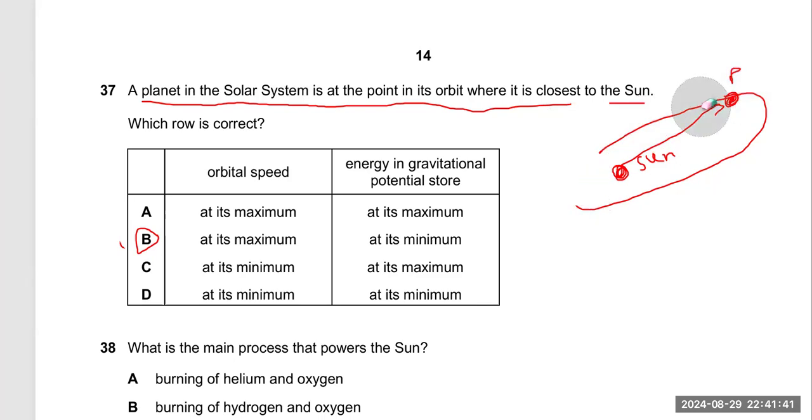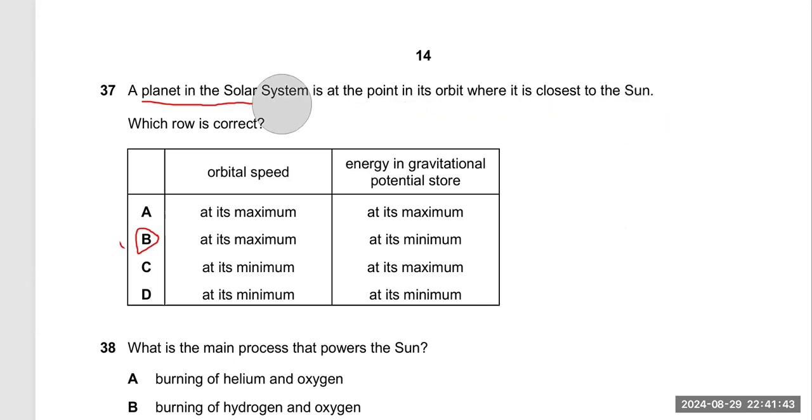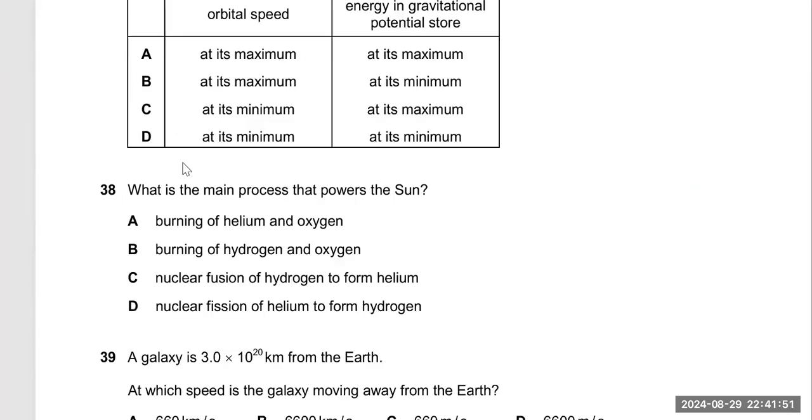Next, what is the main process that powers the sun? This is a very simple question. How is the sun producing light for billions of years free of cost?